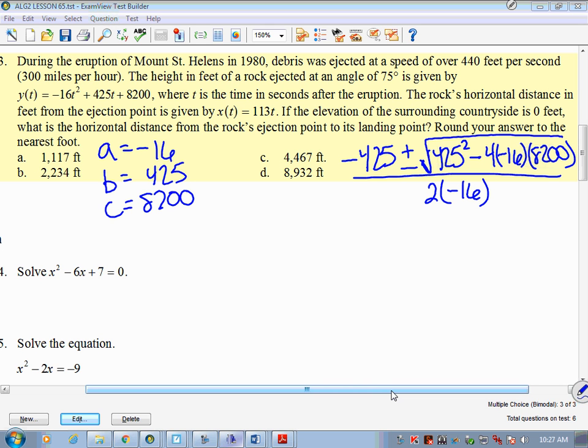All right, the first thing I want to do is solve what is inside the square root. So we've got negative 425 plus or minus the square root over, and we're going to get negative 32 on the bottom. Let's try to make our job a little easier here.